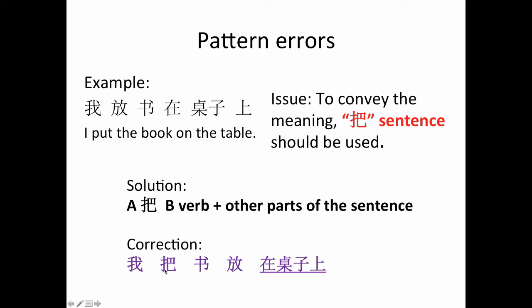In this way, our correction is 我把书放在桌子上. In Chinese, a lot of action description needs to be conveyed or expressed using 把 sentence.